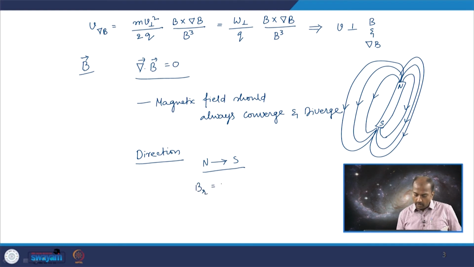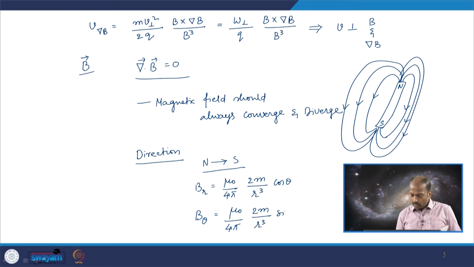The radial component Br is mu naught by 4 pi, 2m by r cube cos theta, and B theta is mu naught by 4 pi, 2m by r cube sin theta.